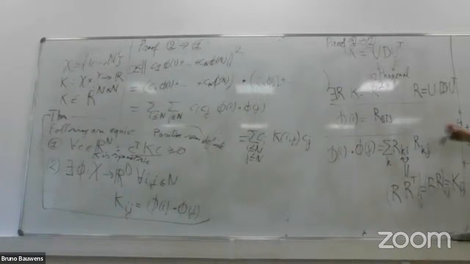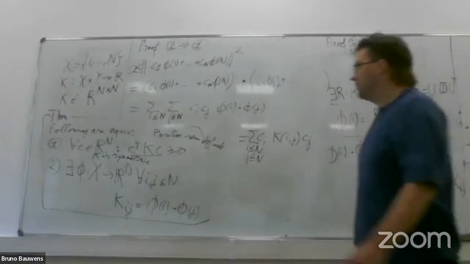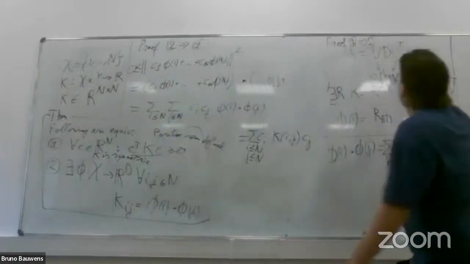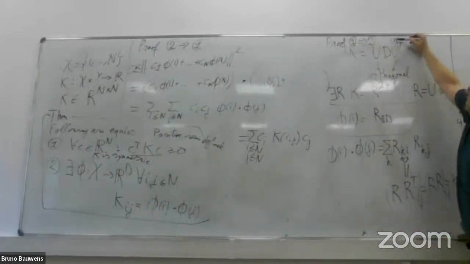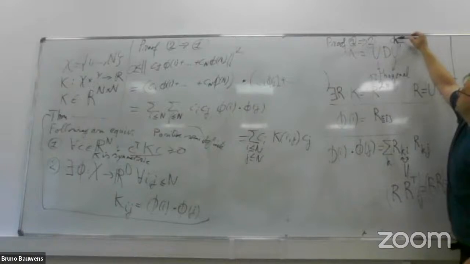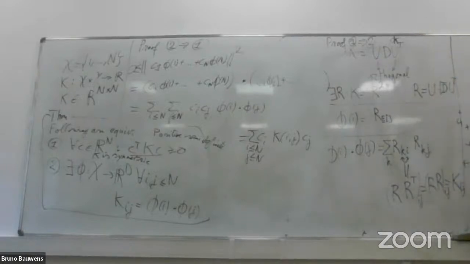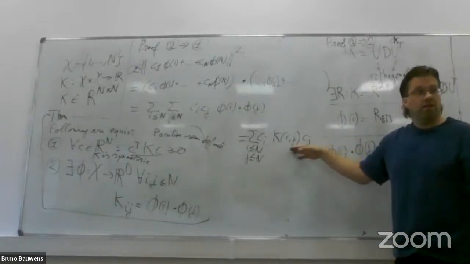So that's the proof. The dot product equals K_ij, and so this is okay.